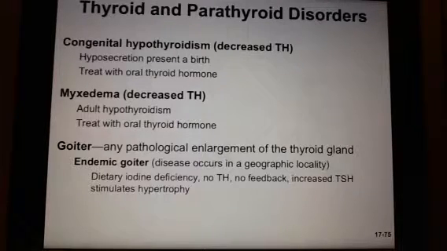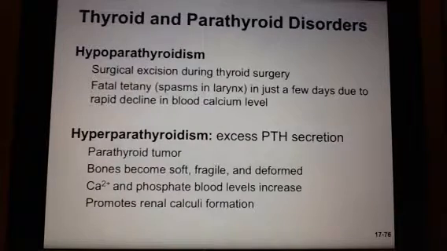And then you'll see goiter comes up quite a bit in endocrine disorders because it's an enlargement of the thyroid gland, and it can come from an iodine deficiency: no thyroid hormone, no feedback, and so then there's increased thyroid stimulating hormone circulating around. And so it usually looks like a big growth on the neck where the thyroid gland is.